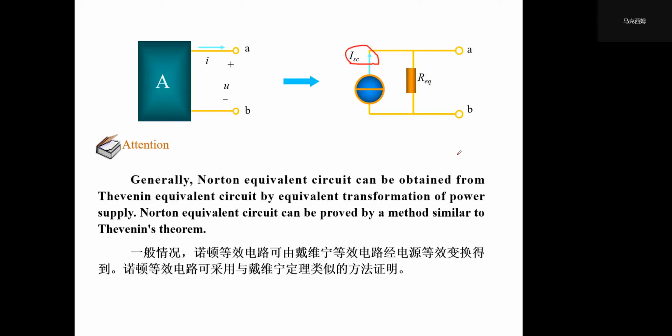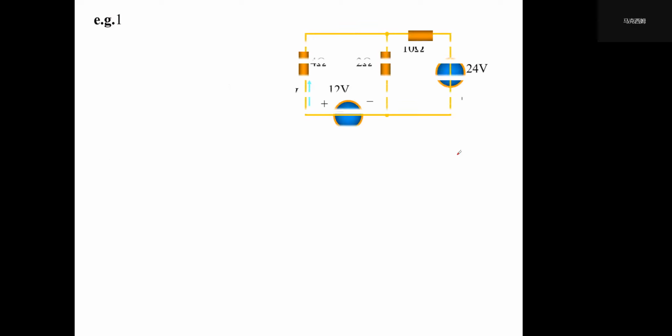The proof of this Norton equivalent theorem is very similar to the proof of the Thevenin theorem we learned this morning, so we just skip the proof. The proof is very simple.